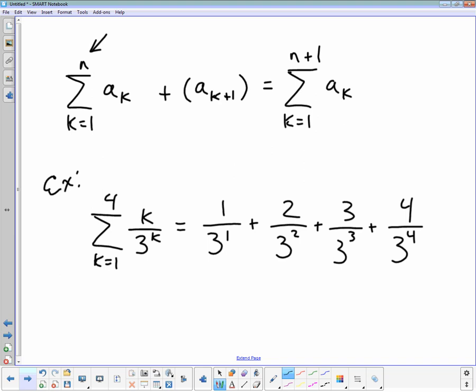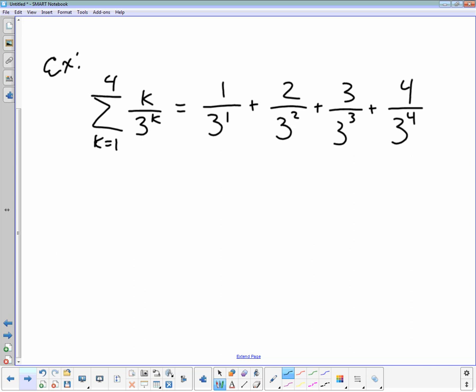Imagine what it would look like if it really was a 5 on the top. It would look the same, except there would be another term at the end, which would be 5 over 3 to the fifth. So if I wanted to turn that 4 into a 5, all I have to do is take what I've got and add one more term to it, and I'll get what I'm looking for.